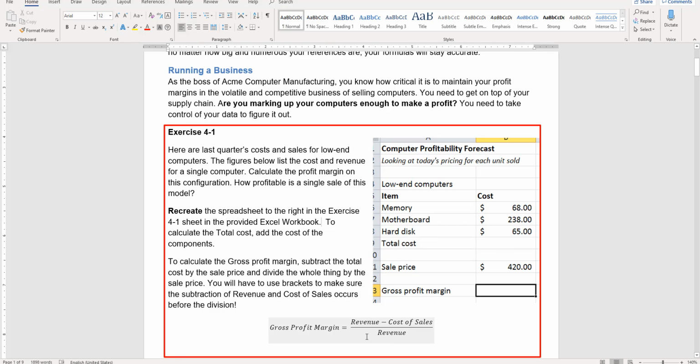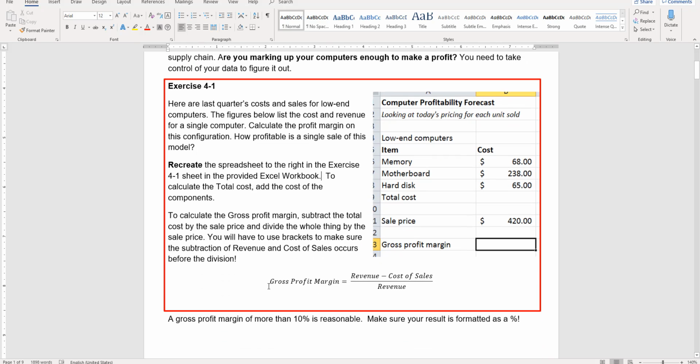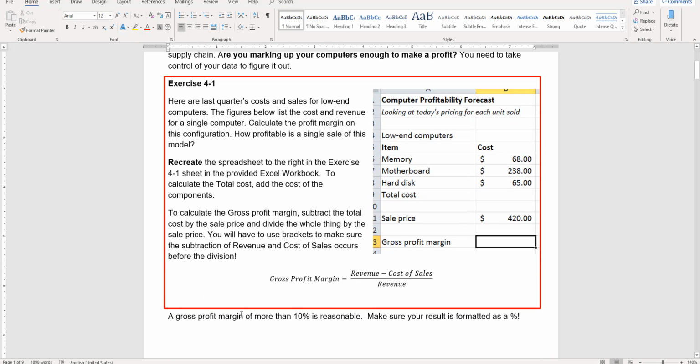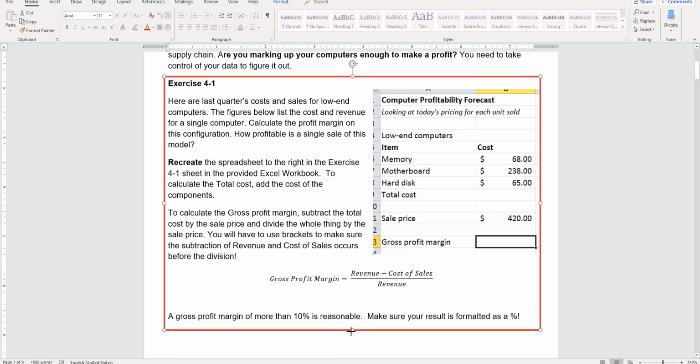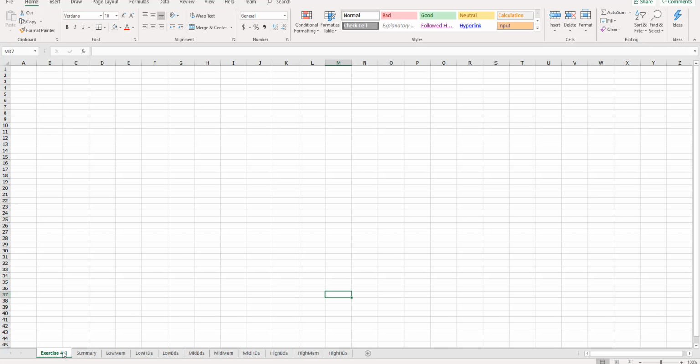And then divide by the revenue. And that gross profit margin, as it mentions here, should be a percent, so you'll want to make that into a percent. Make sure your result is formatted as a percent, right? So that would be the first thing. And like I said, you can just do that right in this section here.